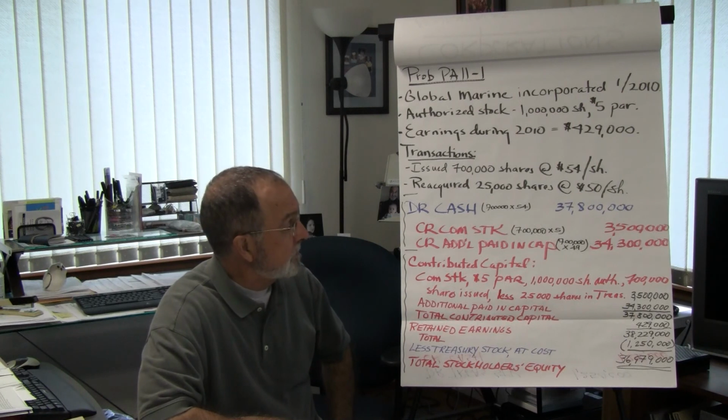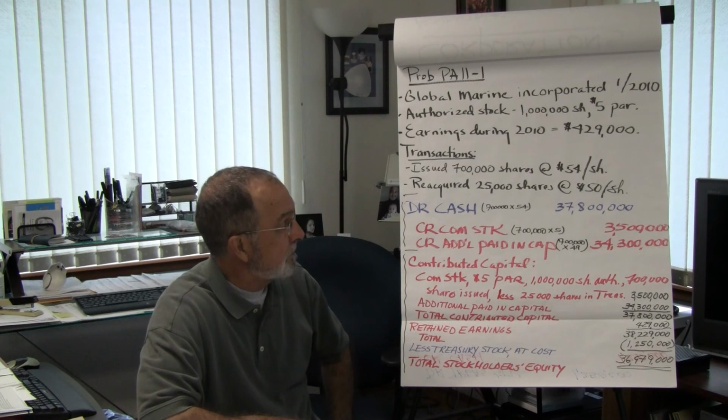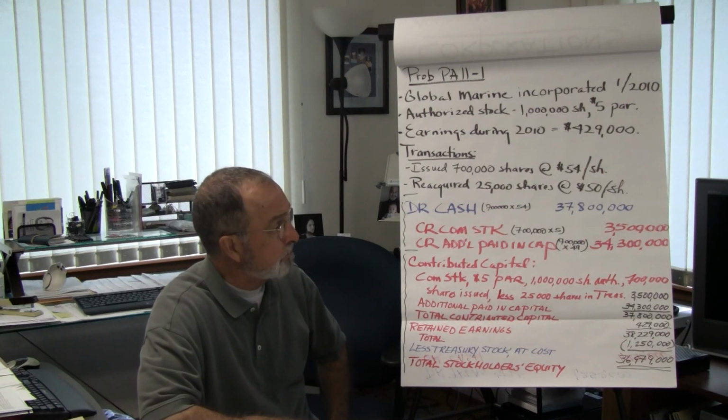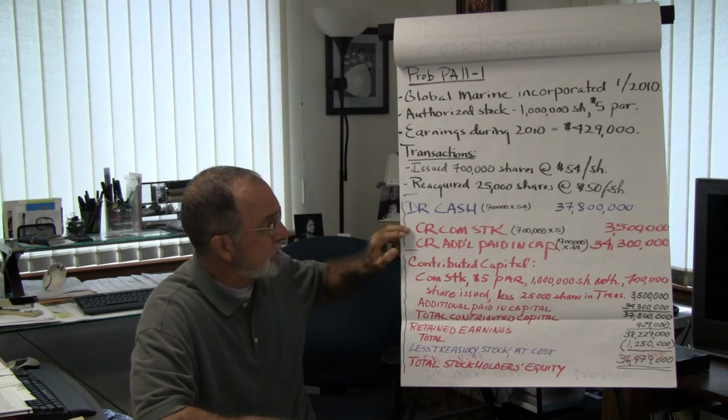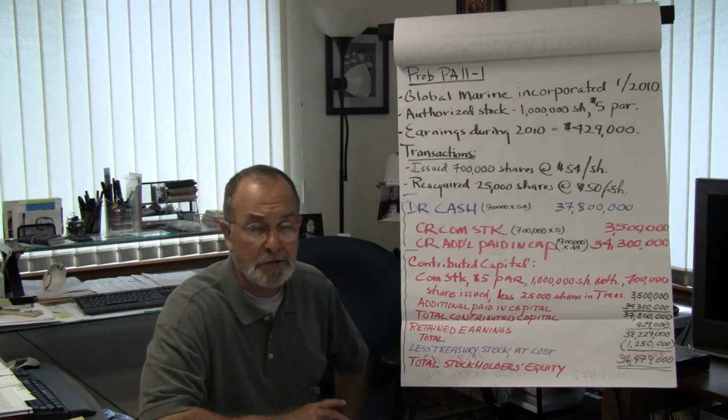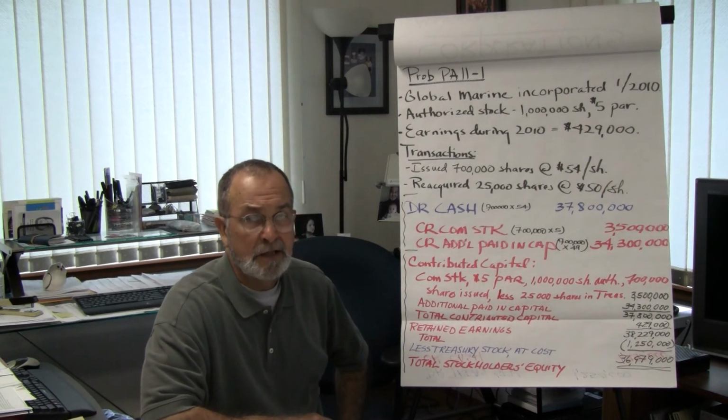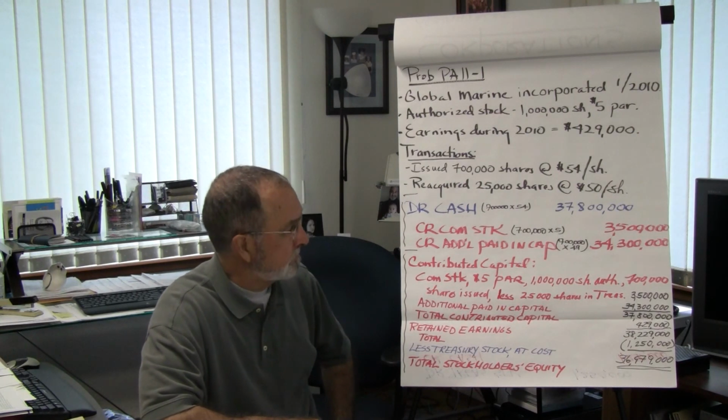The credits, again, as we discussed in the previous lesson, the credits are a little tricky. We use the par value to calculate the credit to the common stock account, or if we go back to the previous lesson, the account title I used was contributed capital.